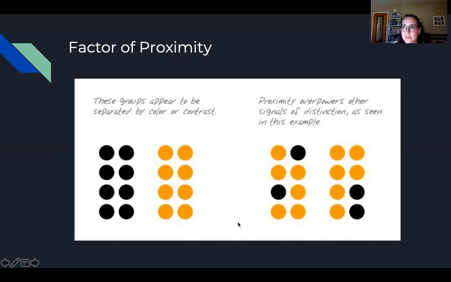So the idea of proximity, how close things are gathered together in our visual field, often overrides other ways that we can distinguish between stimuli.